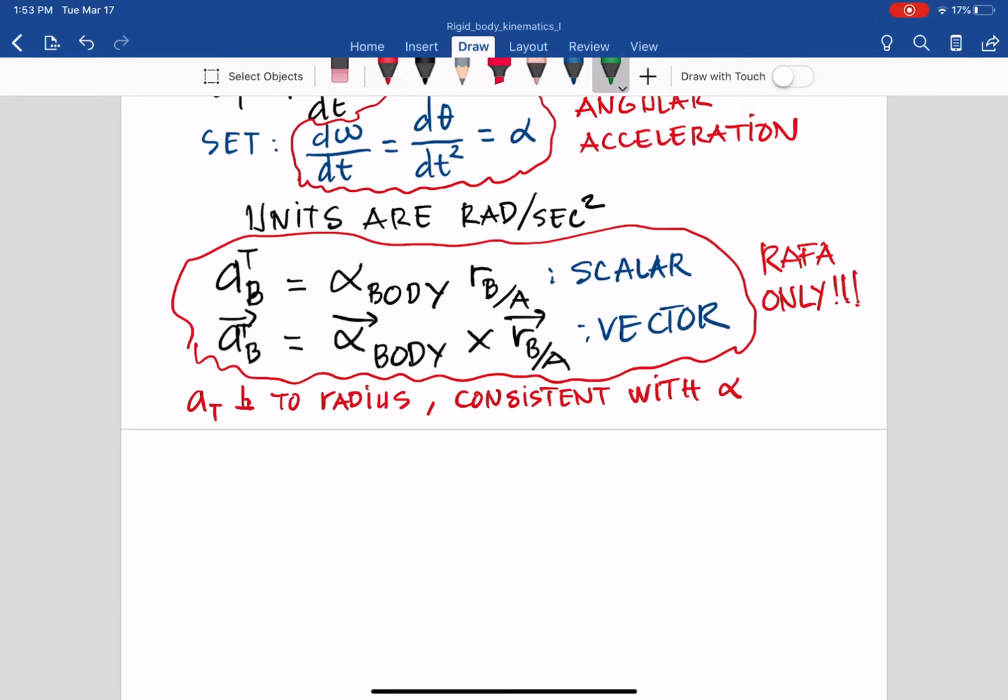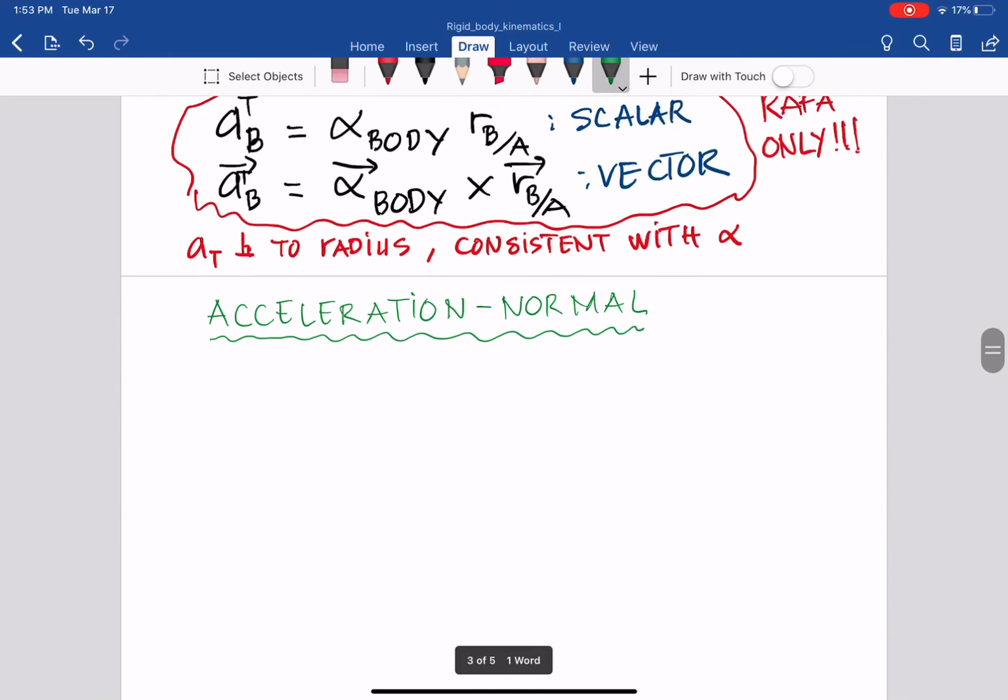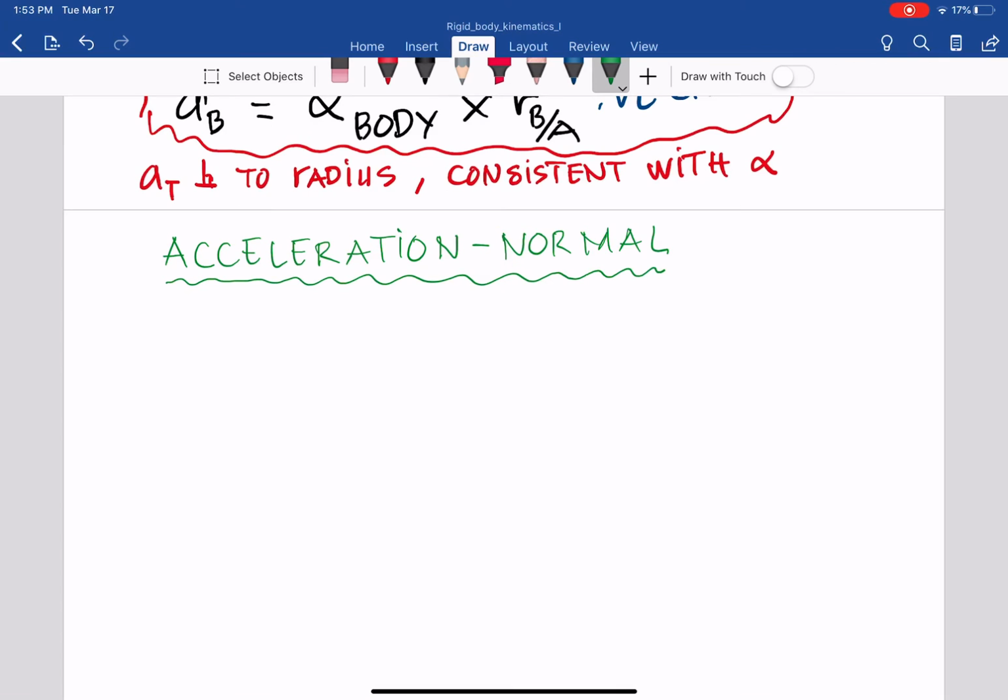Acceleration, normal. For acceleration normal, if you recall the equation for the acceleration in normal components, we have a_n equal to v square over rho, where rho is the radius of curvature.